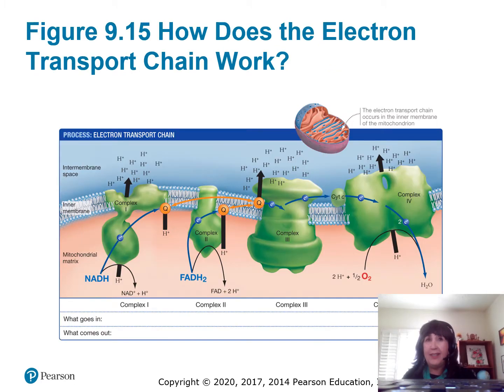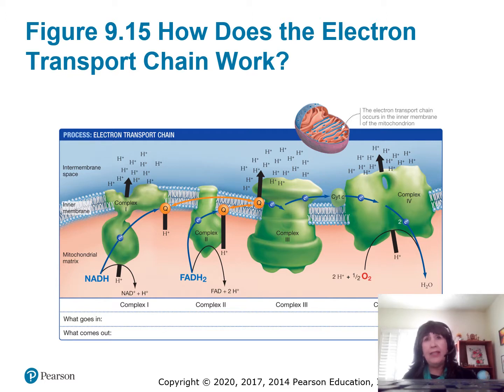I love this diagram here because look, at the very beginning we see NADH and FADH2. These are our electron carriers, what I've been referring to as little molecular taxis. And you know that they're reduced, but they're going to quickly become oxidized. In other words, they're going to let out their electrons. And notice here's complex 1, 2, 3, and 4.